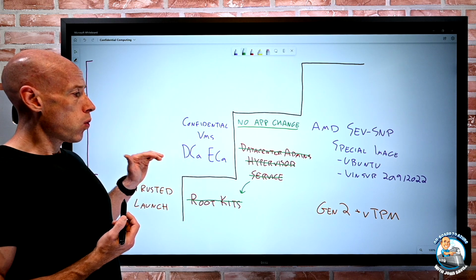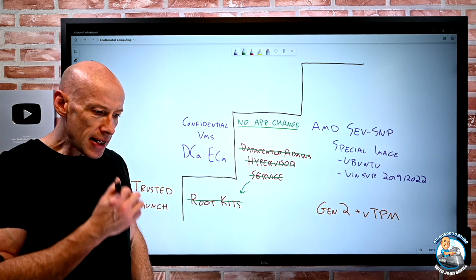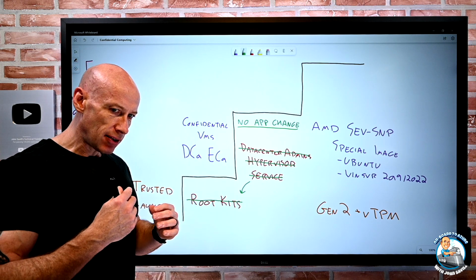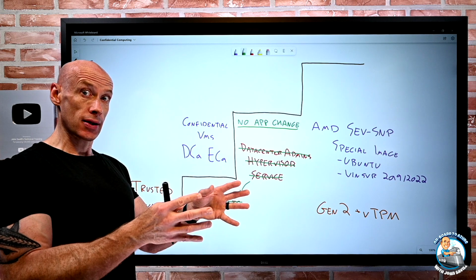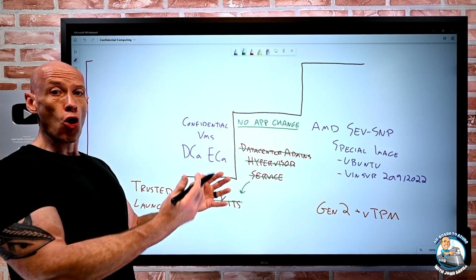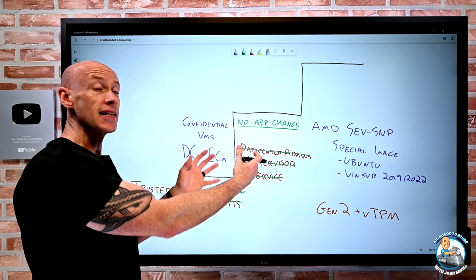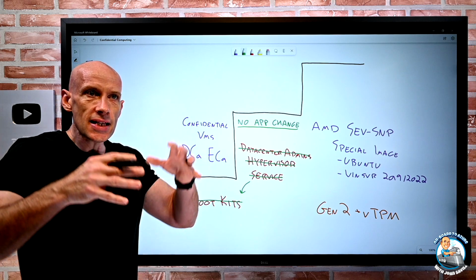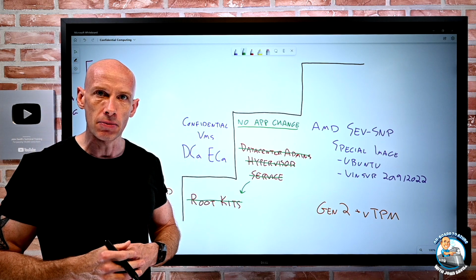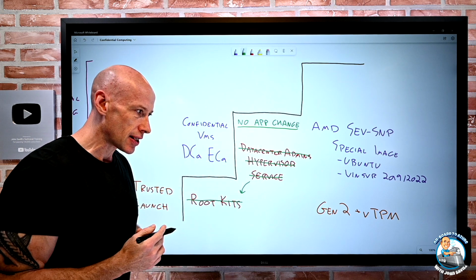Now, what was missing from this set of protection? Well, really, when I think about it, sure, I've protected from everything outside of the guest operating system. I'm protected from rootkits. I'm protected from the control plane of Azure. I'm protected from the hypervisor. I'm protected from the data center admins. But inside the operating system, if I'm in the OS, this doesn't give me any protection, anything.